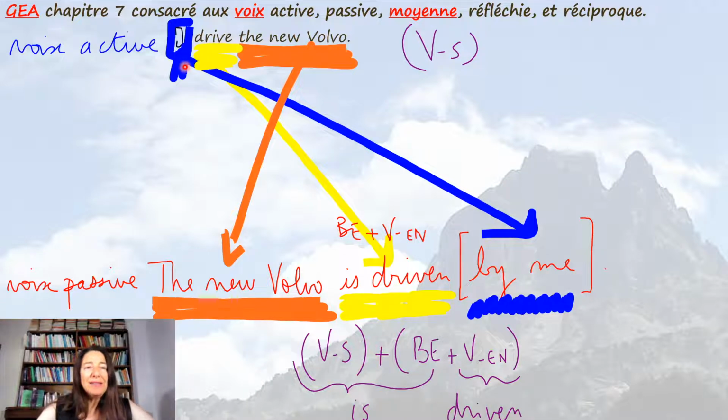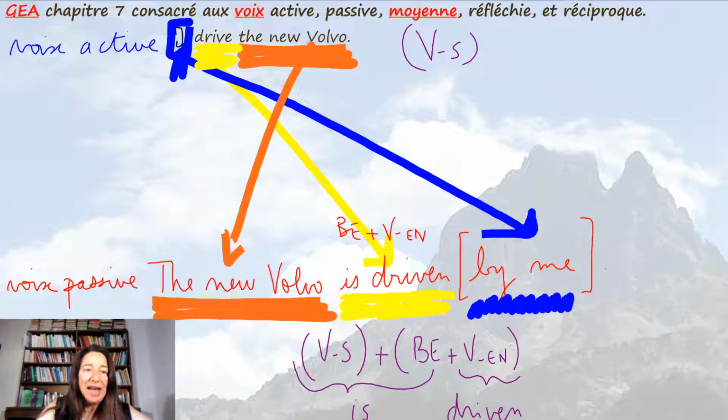Okay, so basically that's the usual way of presenting the active and passive voices. Traditionally, the examples used are the cat eats the mouse, and the mouse is eaten by the cat.